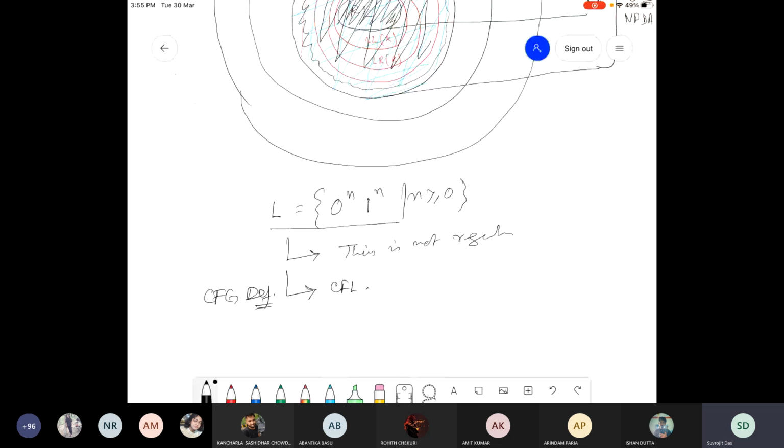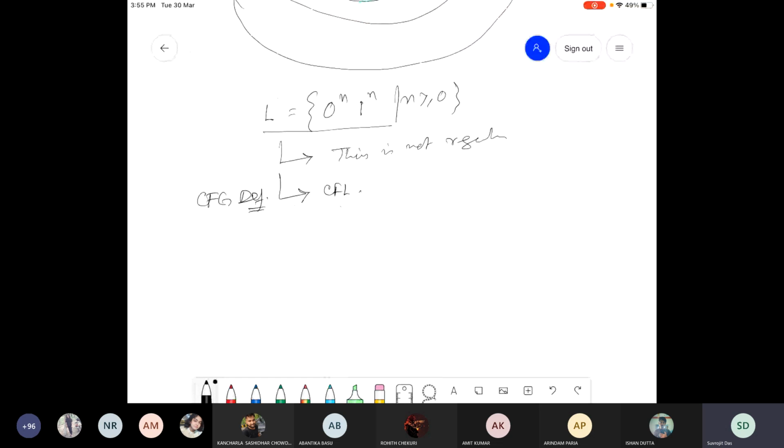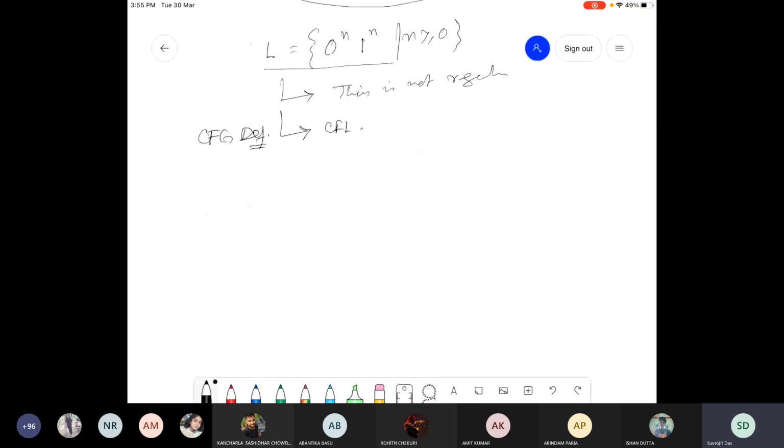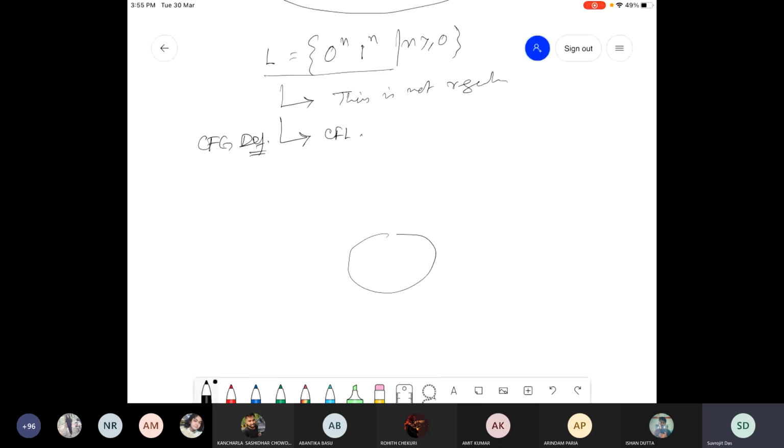This language being context-free means that this set, which contains strings with the same number of zeros and ones, can be generated by a CFG and may be accepted by a machine called a pushdown automata.